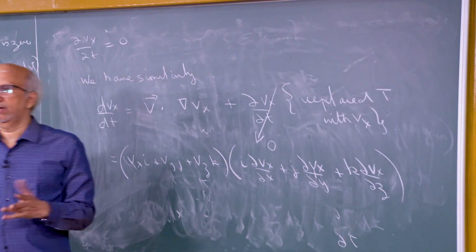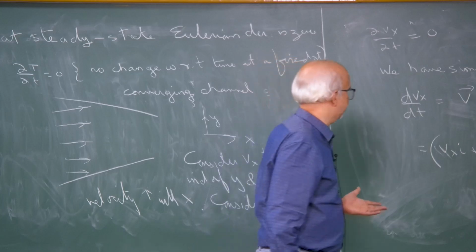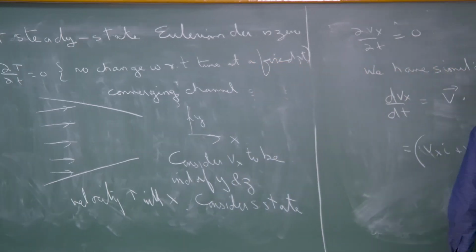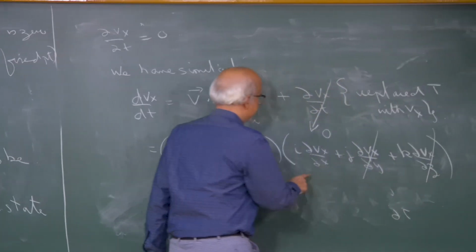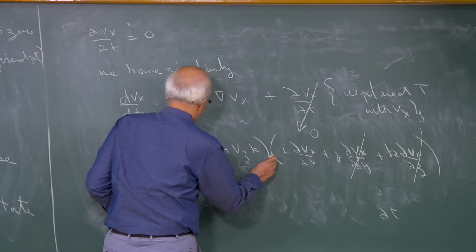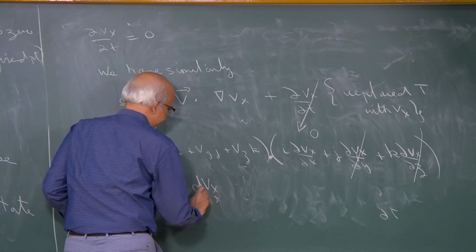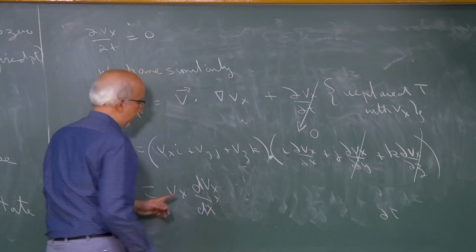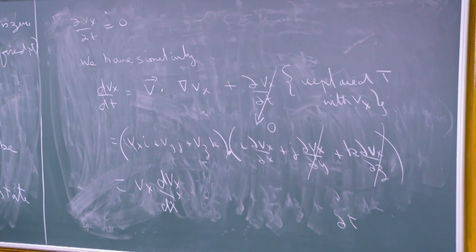This is the definition of gradient. Okay. And what I have assumed is that this velocity does not change with y, does not change with z, only this remains. When I do the dot product, I get Vx dVx by dx. I just put total derivative because Vx does not depend on anything else.